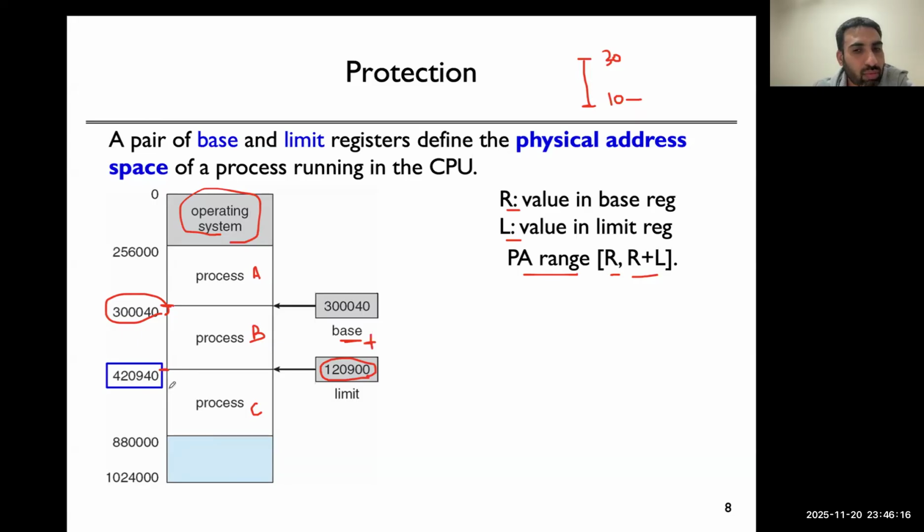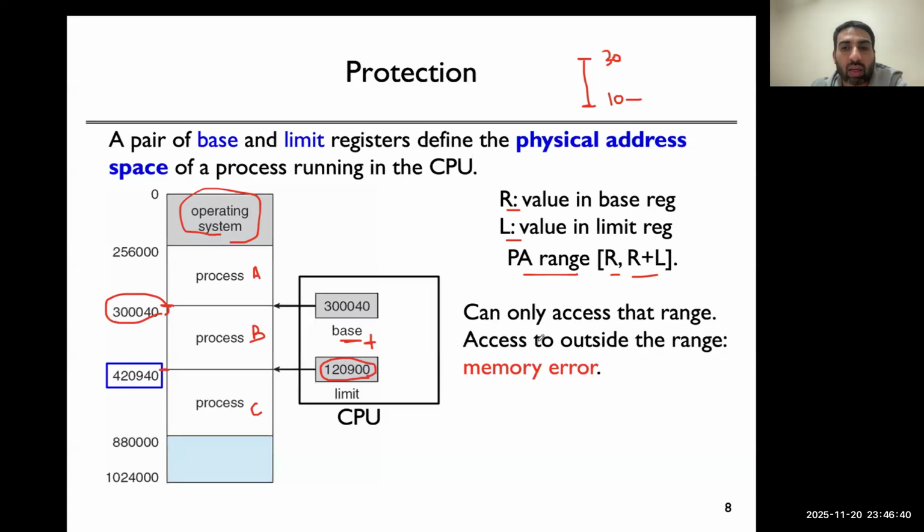As we will see in the next slide, base and limit registers help in detecting any access if a process is trying to access an address outside of its allocated memory locations. Again, these base and limit registers are on the CPU, right? So our process can only access the range R to R plus L, right?